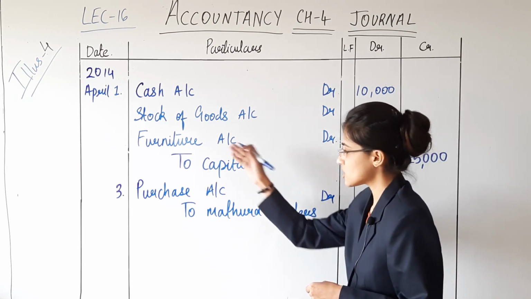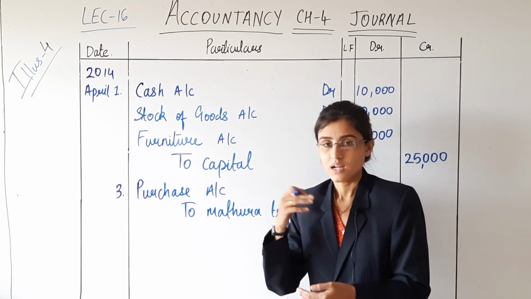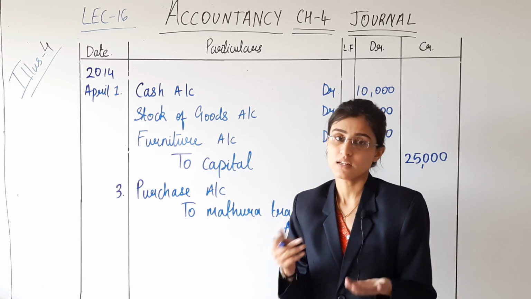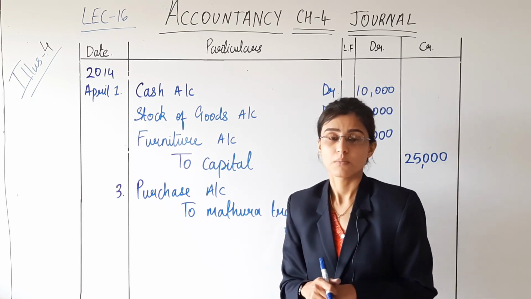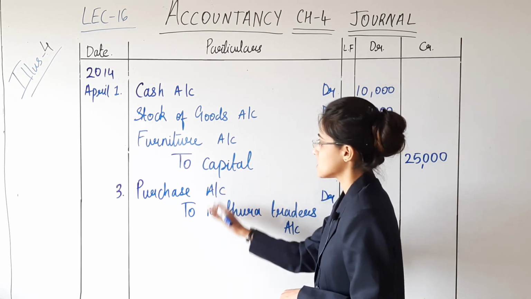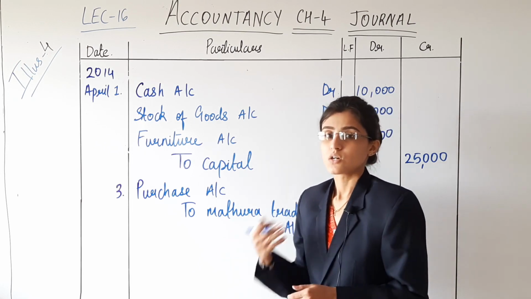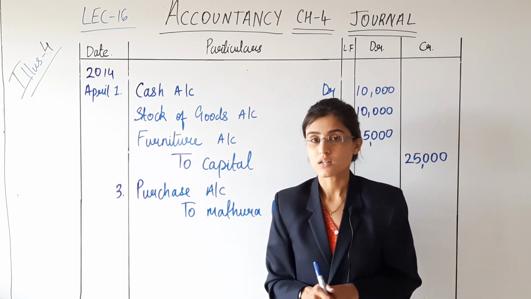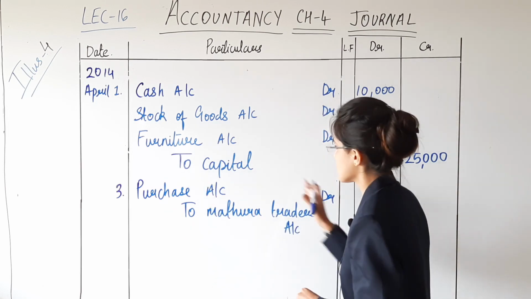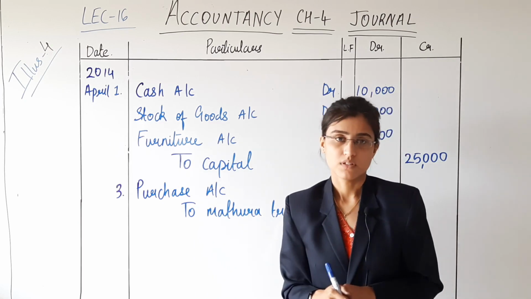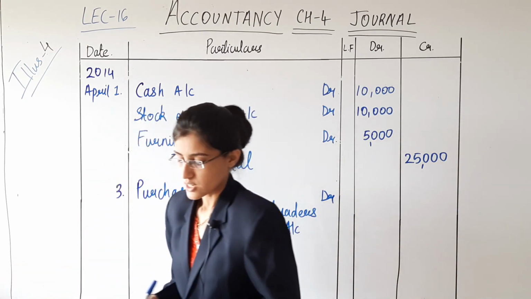So we have purchased from Mathura traders, so Mathura traders is obviously a giver, and Mathura traders is also my creditor. With both these logics, Mathura traders has a credit balance. Alright. And purchase, it is purchase of what? Purchase of goods. Goods is a part of real account. The rule of real account is debit what comes in, credit what goes out. With this application, debit what comes in, purchase account, debit. Alright? Okay then. Let us see which is the next transaction.